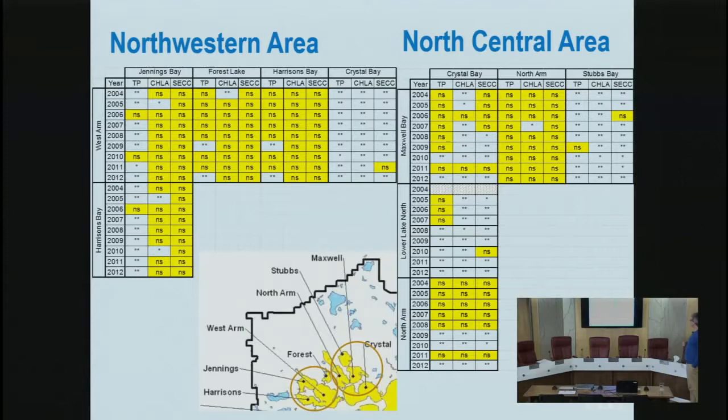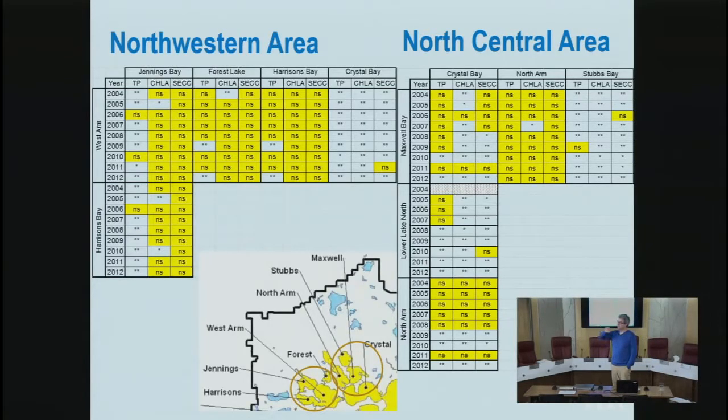A lot of those lakes down there, the lower left circle, the northwestern area, are not very different from one another. They're kind of all mixing together, except for total phosphorus. That's the outlet of Painter Creek, goes into Jennings Bay, and you see a lot of phosphorus in Jennings Bay, but that doesn't seem to be making it down lake into West Arm or Harrison's, which is interesting. I mean, that's one thing that could come out of that.